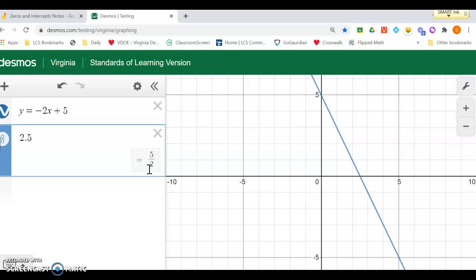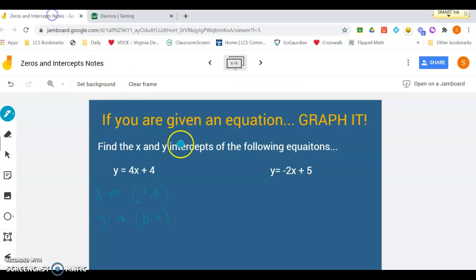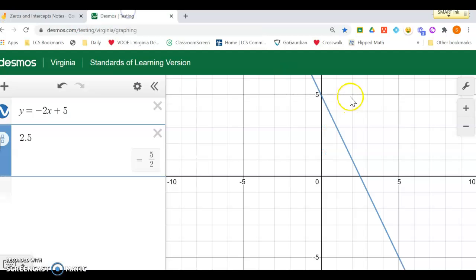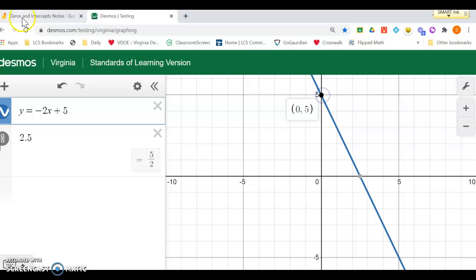So if you ever come across that, you didn't do it wrong, you just need to change your decimal into a fraction. So our x-intercept was at 2.5, or we could write it with that fraction as 5/2, and the y-intercept was at 0, 5.